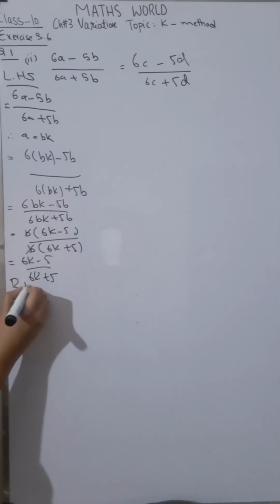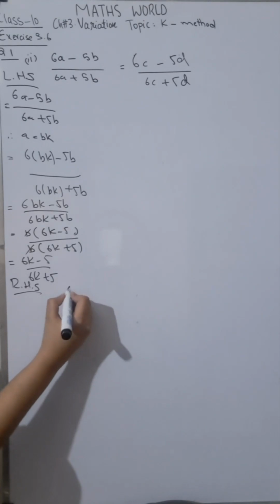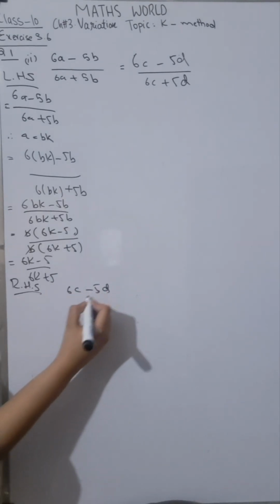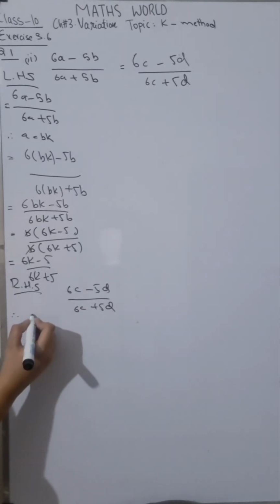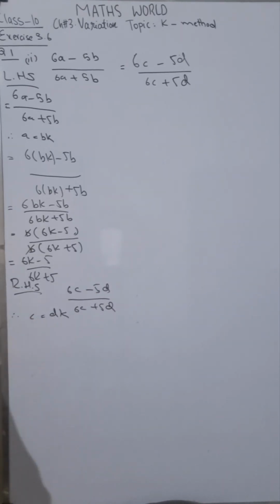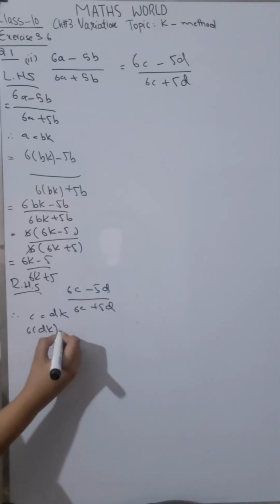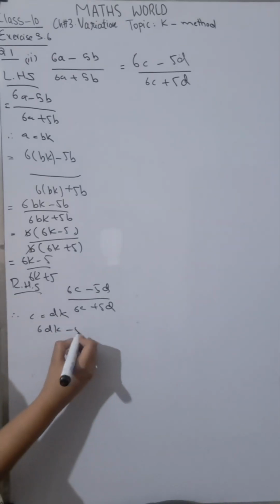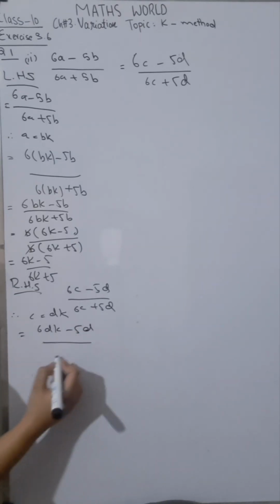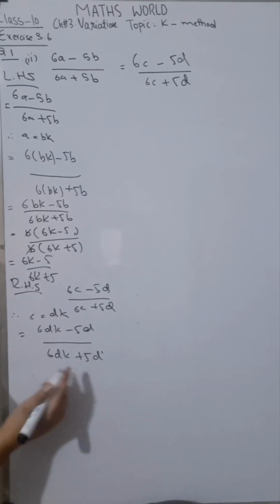We have solved the left hand side. Now taking the right hand side: (6C minus 5D) divided by (6C plus 5D). We know C equals DK. Placing the values, 6DK minus 5D divided by 6DK plus 5D.